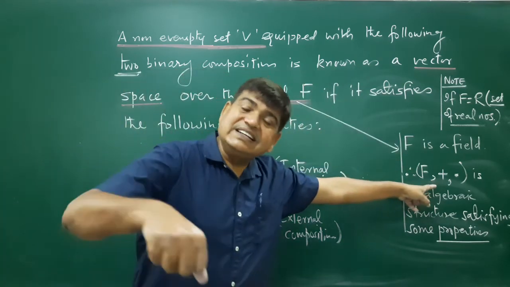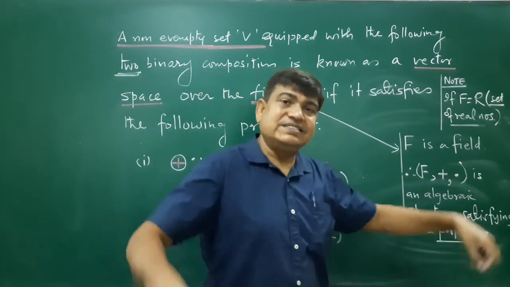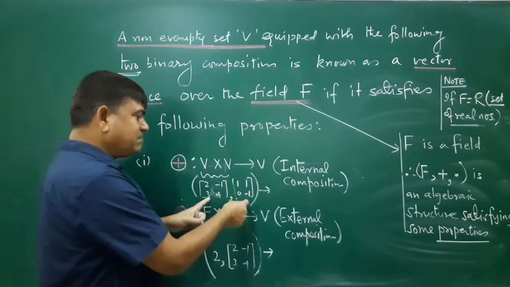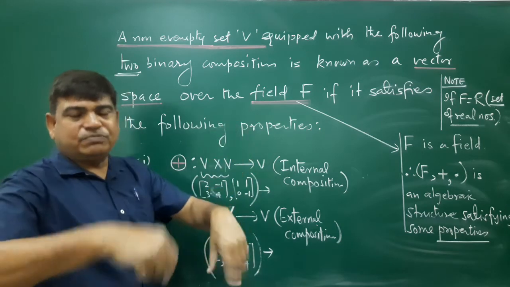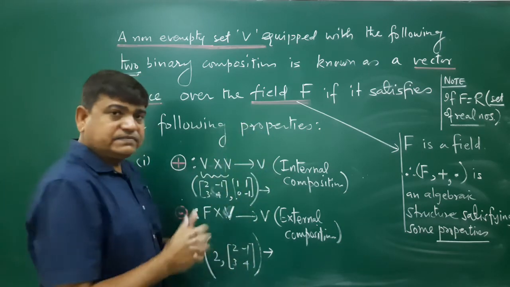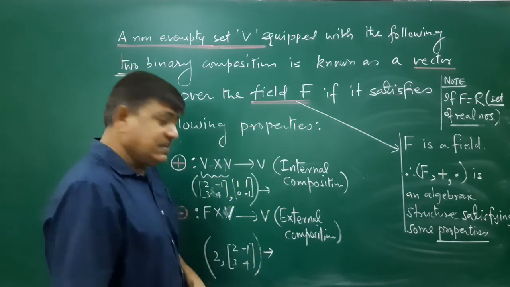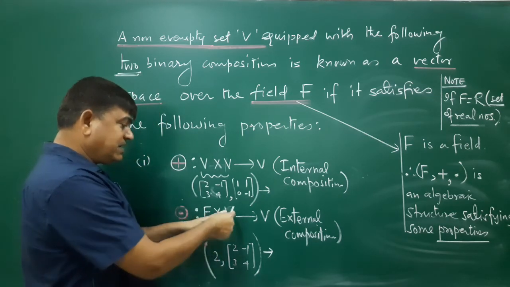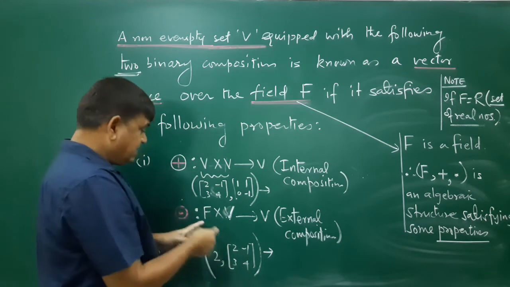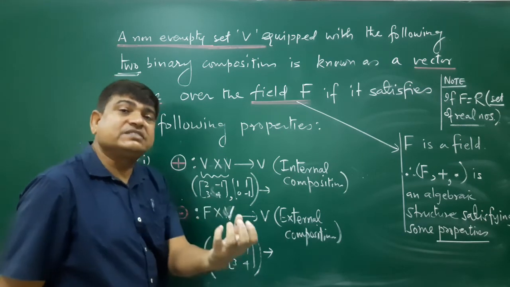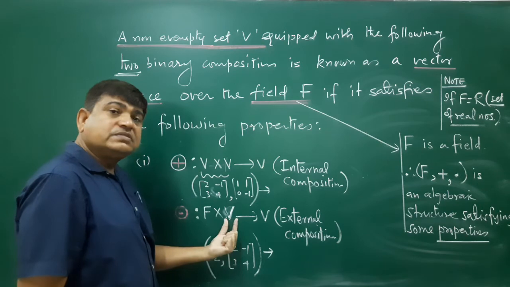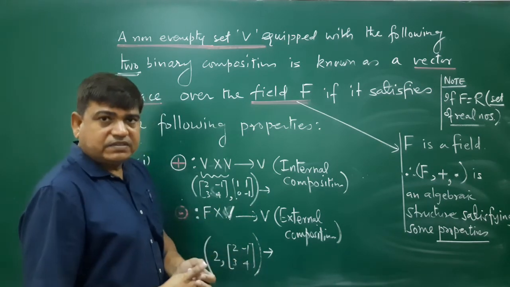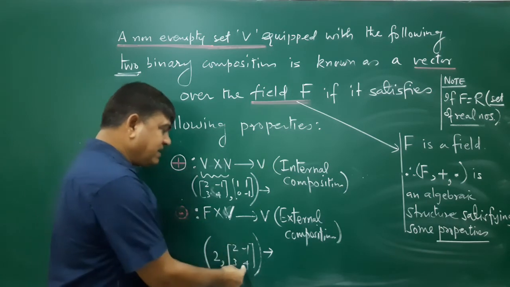Plus is an internal composition, dot is an internal composition. Here plus is internal, so both the members will be from the same set. The nature of the elements will be identical, एक जैसा. यहाँ different है. One element is from this set, the other element is from that set. This includes numbers, scalars. This includes matrices. So the pair is formed with the help of a number and a matrix.